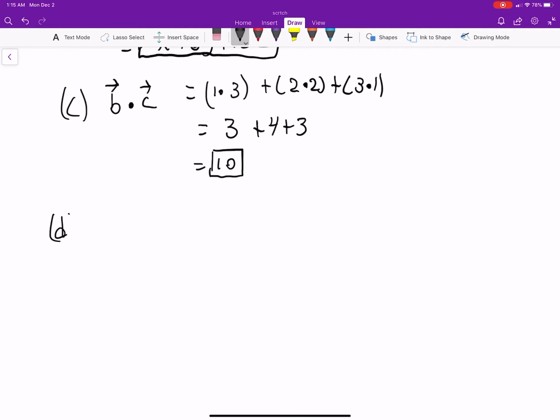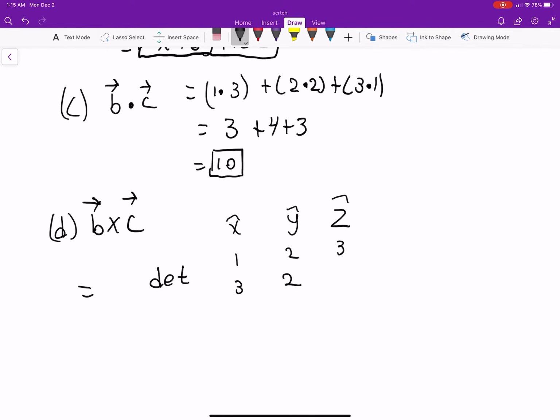And in part D, they want us to find B cross C. Well, this is going to be the determinant of, we'll use our unit vectors at the top. And then it's just our x for B is 2, 3, 1.